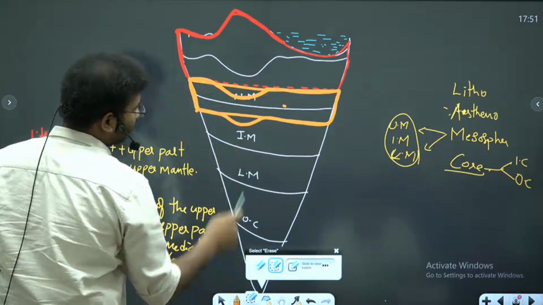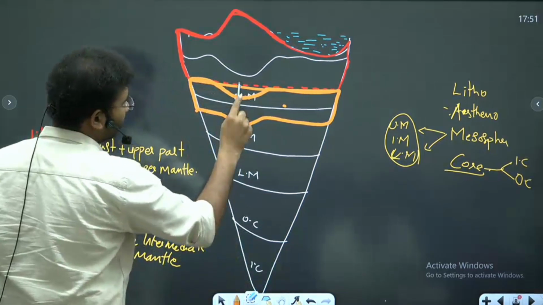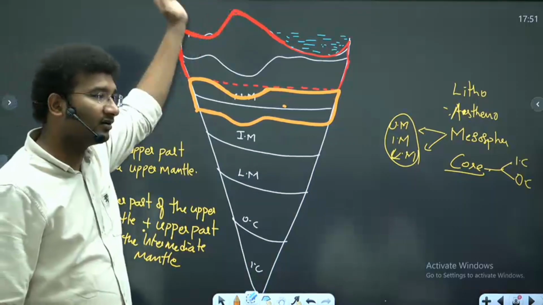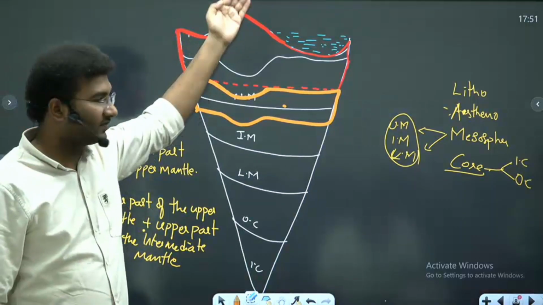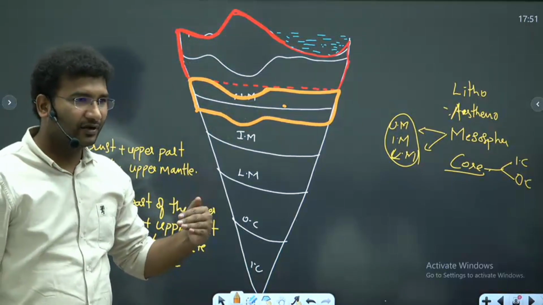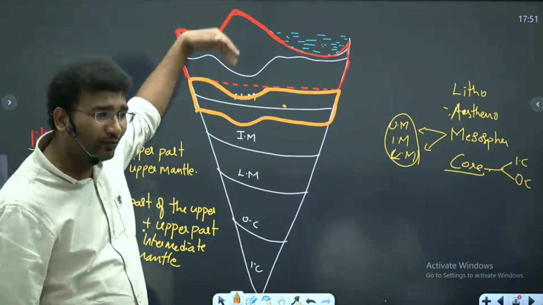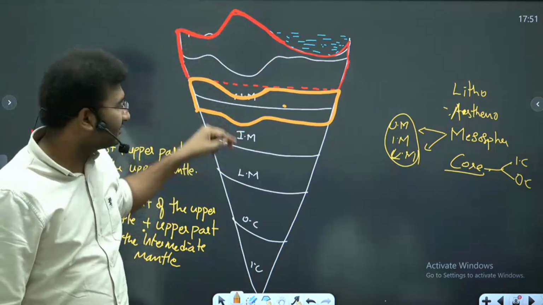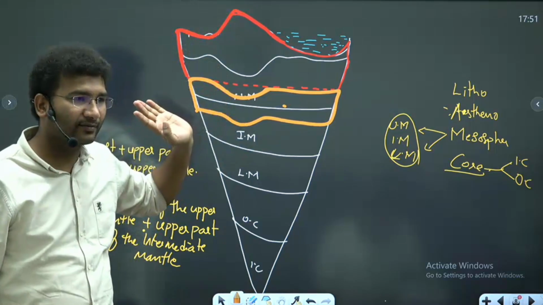That means the shape of the asthenosphere is also dependent upon the amount of weight it is carrying on the surface. This is how the shape will be. Not a regular shape. Now if I keep on adding more weight and more weight, your asthenosphere cannot take. Sometimes it will go and melt into the mantle.